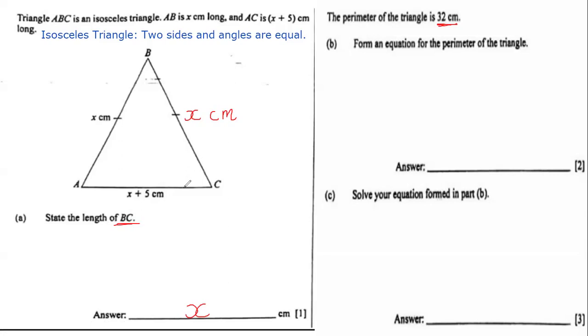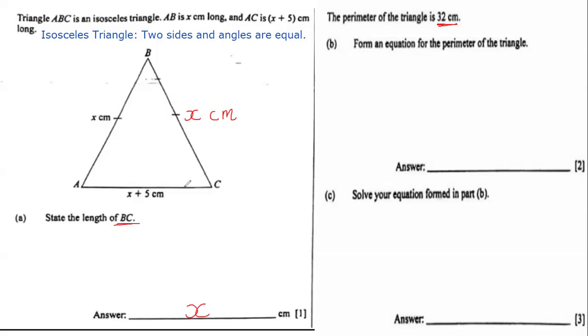What's going to be the perimeter equation? X plus X plus X plus 5 equals 32 centimeters. Very good. I want someone else to answer the same question: what is going to be the perimeter equation for this?